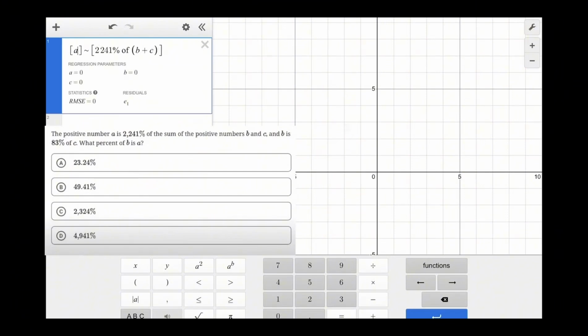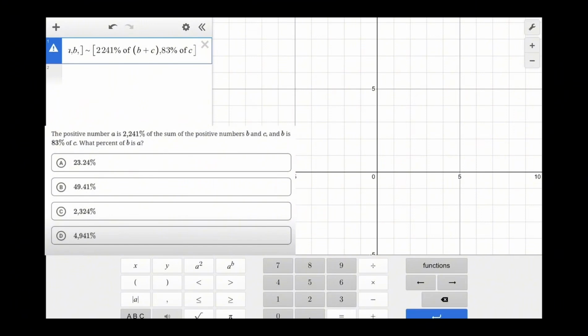Now we have B is 83% of C, so we're gonna put 83% of C. So now it's asking the last one, what percent of B is A?